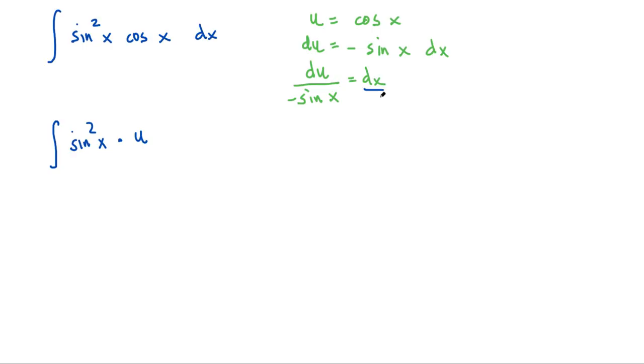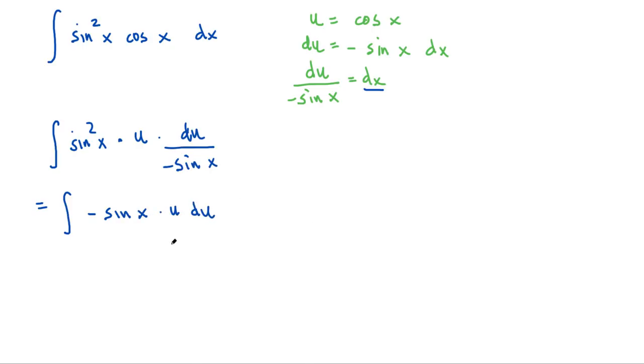So I'm going to take this dx expression and substitute it in there. So this is u times du over negative sine of x. And let's now simplify this because we have a sine squared x and negative sine x. We simplify this to become negative sine of x times u du.